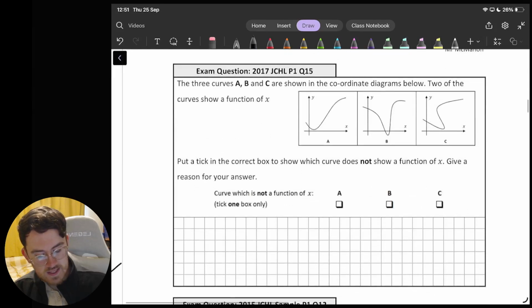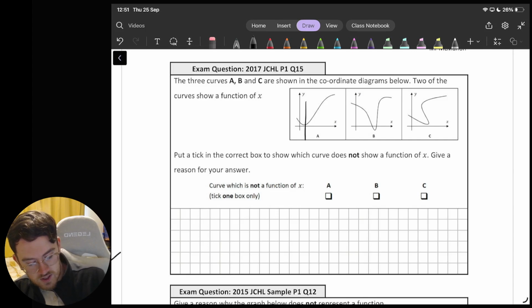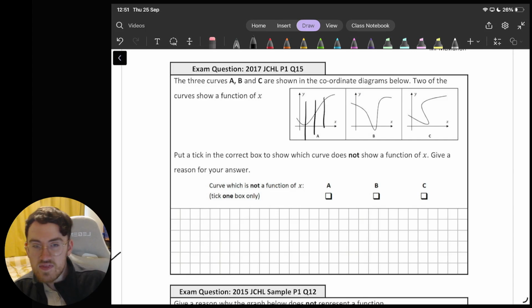So let's get into some examples here. The three curves A, B, and C are shown in the diagram. We have to say which one is not a function. If I look at the first one, I'm going to try a few vertical lines. That seems fine. It's only cutting them in one place. We try the next one. Again, I'm only cutting it in one place. So that's good.